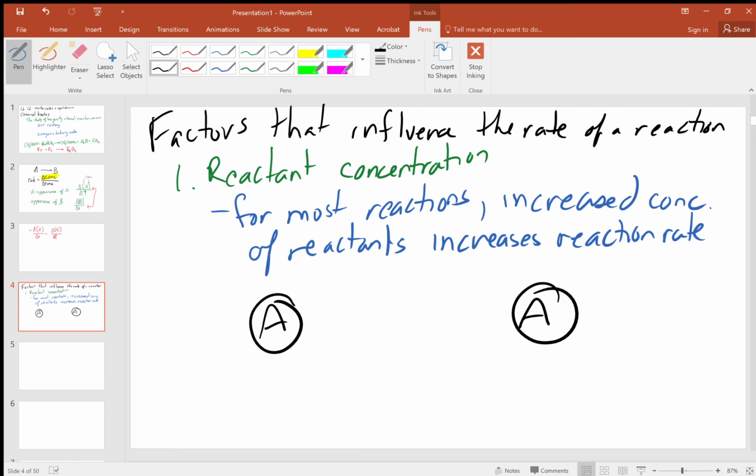What has to happen in order for these to react? Well, they can't react when they're far away. They need to come together. They need to collide in order for them to be able to react. Only at that point, when they're in close enough proximity to each other, can something actually happen.